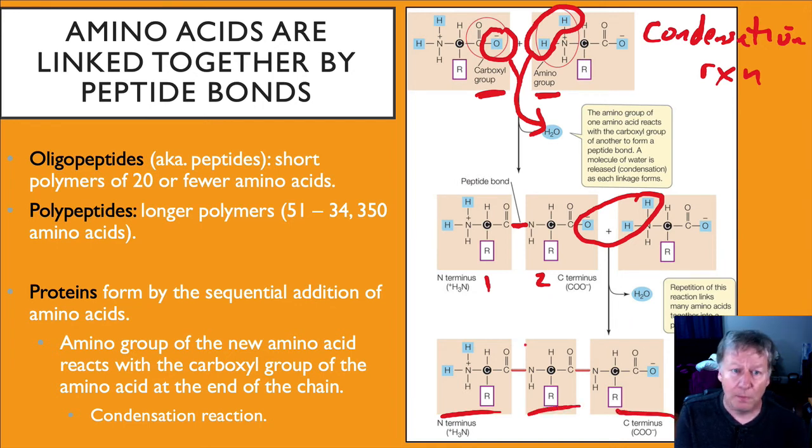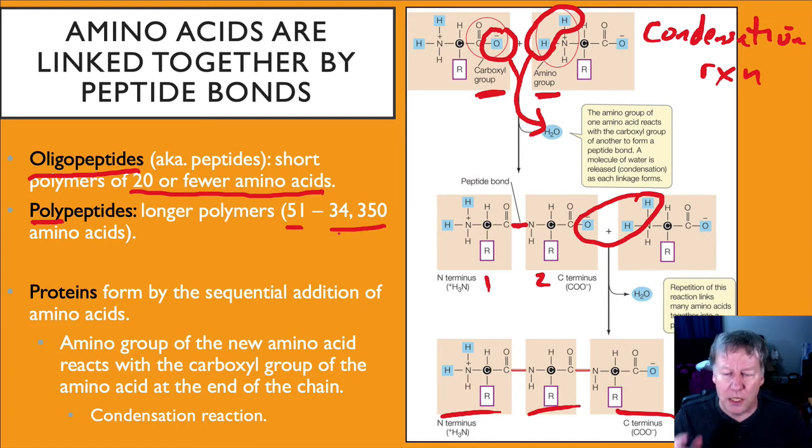How long? Well, some are what we call oligopeptides. These are relatively short. They contain 20 or fewer amino acids. And you'll rarely hear us talk about those because polypeptides, poly means many, polypeptides are much more common, and these are longer, from 51 up to almost 35,000 amino acids, huge numbers of amino acids.